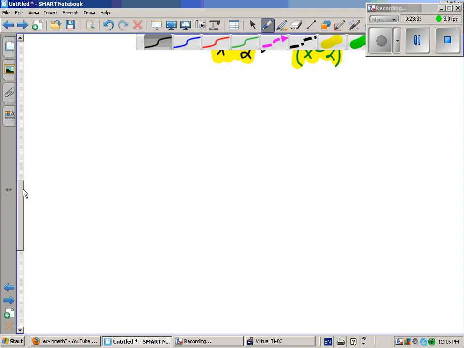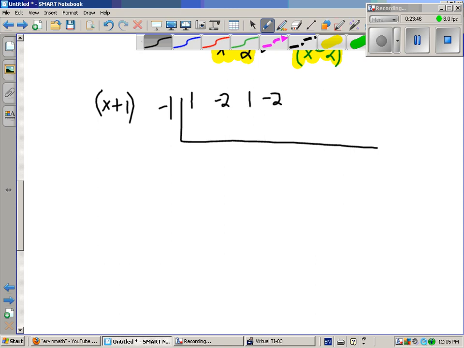All right, synthetic division for x plus 1. I got a negative 1 here. My coefficients are 1, negative 2, 1, negative 2, negative 2, and 4. We should expect no remainder here. Carry down the 1. Negative 1 times 1 is negative 1.